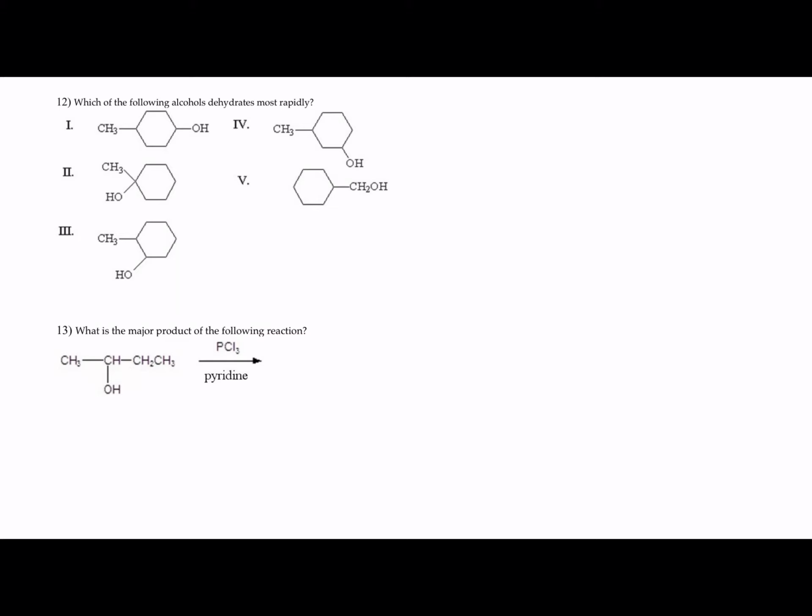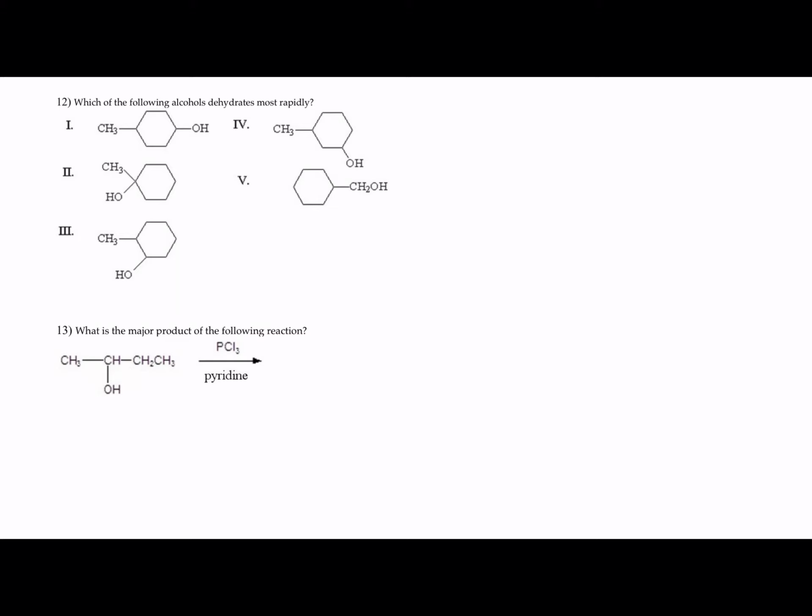Okay, and then the next one, which of the following alcohols dehydrates most rapidly? So which one do you think would give us the most rapid alcohol dehydration? Now you will be looking at which one is the more substituted alcohol, meaning it is going to form the more stable carbocation.